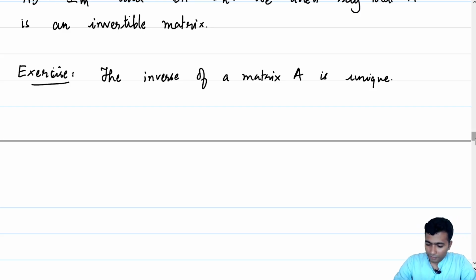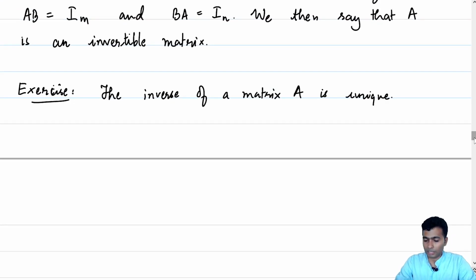Alright, so why did we talk about an invertible matrix to begin with? As is to be expected, our goal would be to show that an invertible linear transformation has an invertible matrix associated to it. We will come to that. Before that, for the sake of completion, let me give an example.